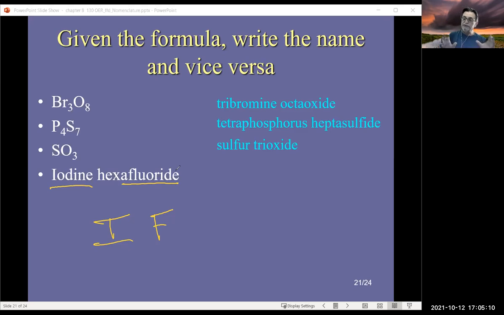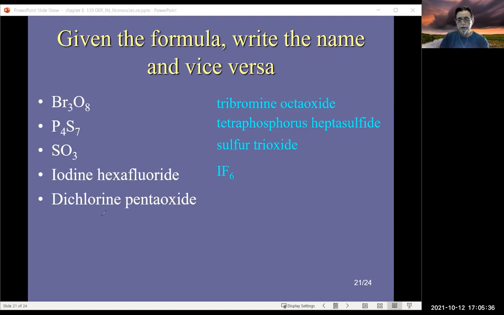Before we were writing the base name and adding the prefix. Now I'm writing the base formula, then I come back to the subscripts. Hexa tells me there's 6. And so its formula would be IF subscript 6.